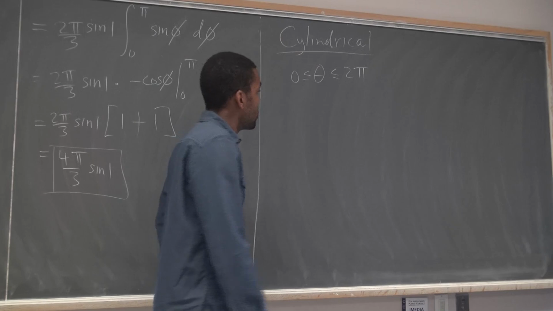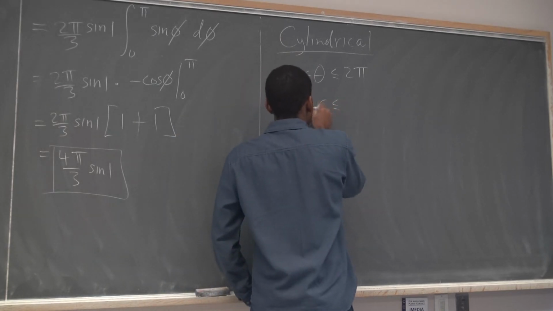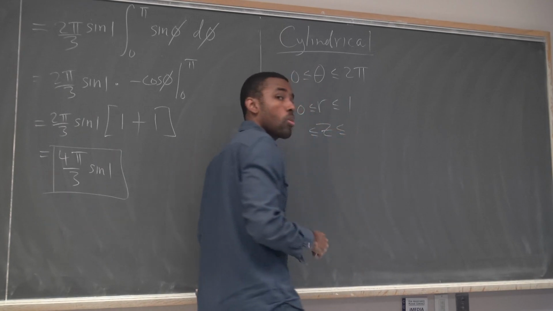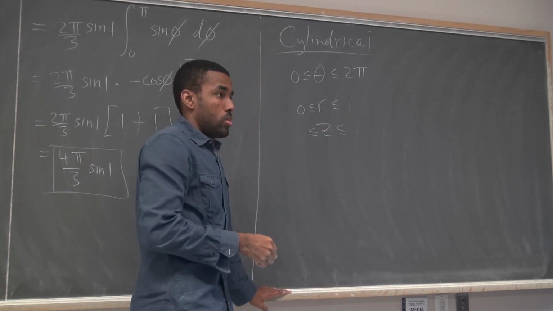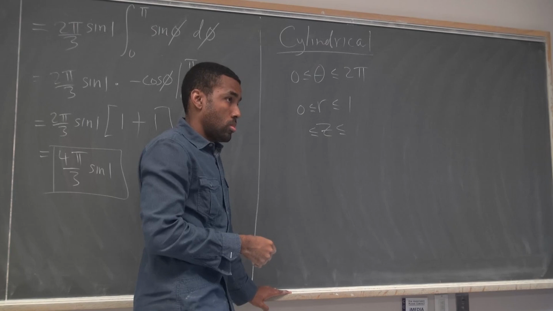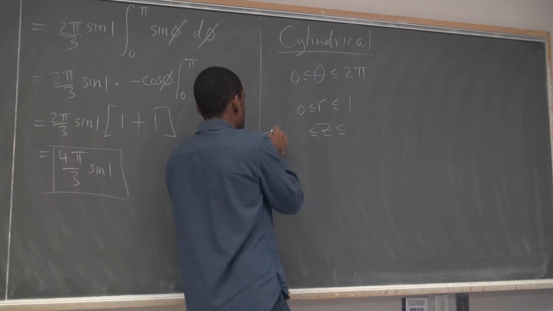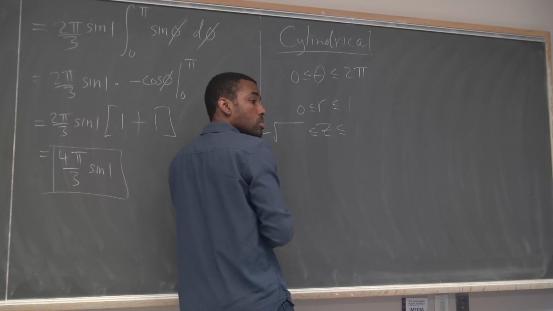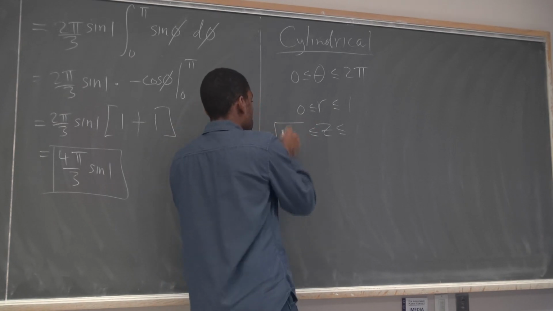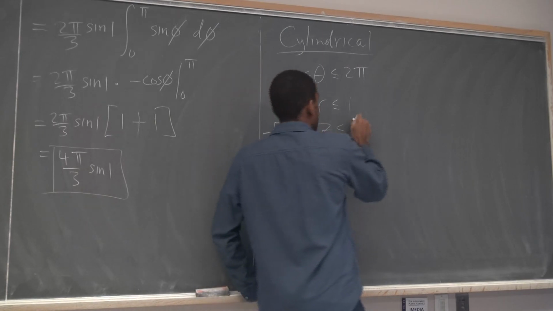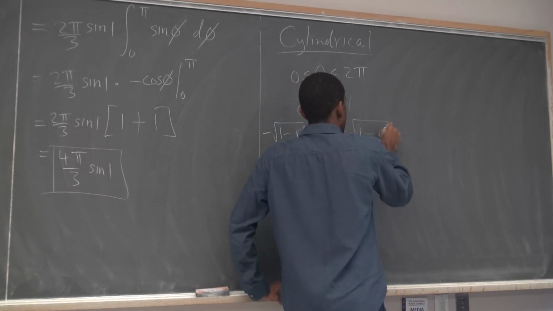R goes from 0 to 1. What would my z go between? Negative square root of 1 minus R squared, up to the radical of 1 minus R squared.